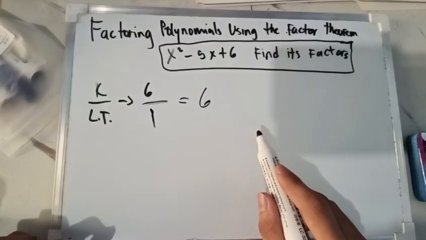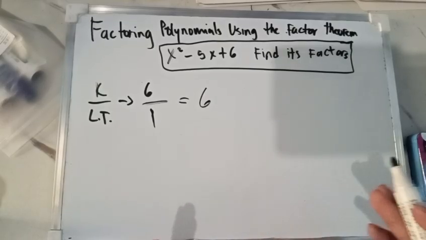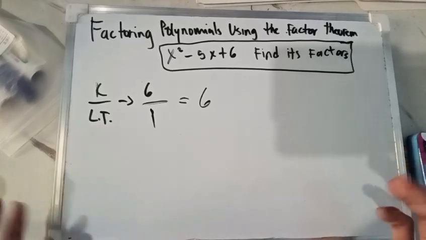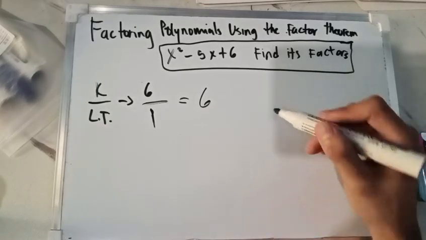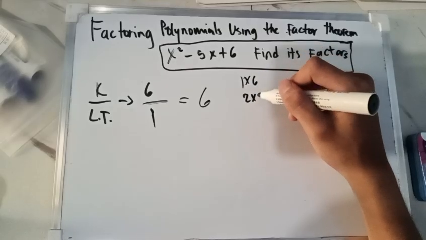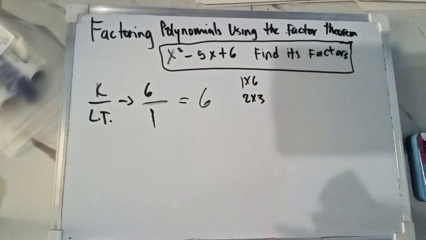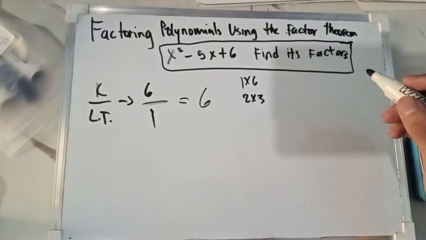What we need to do is get its factors, the numbers that, when we multiply, will yield 6. That is 1 times 6, 2 times 3. But we can also include the negative values.